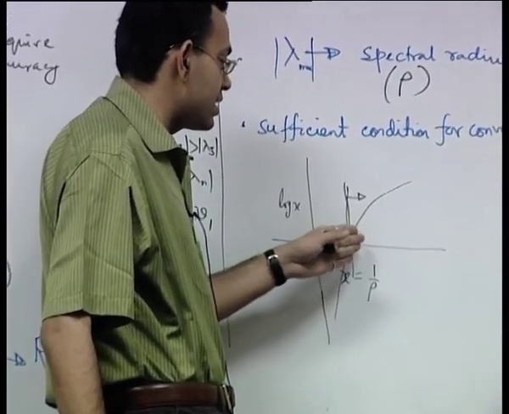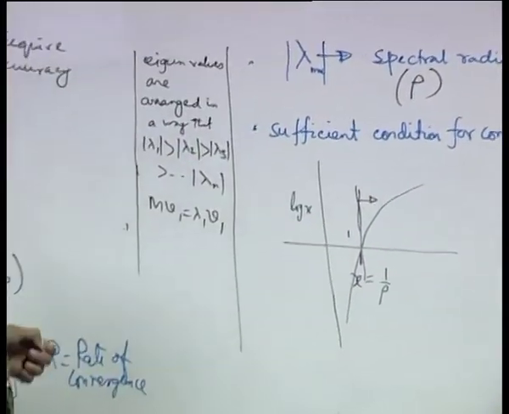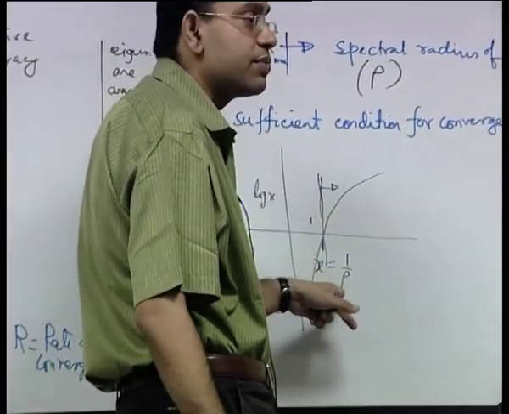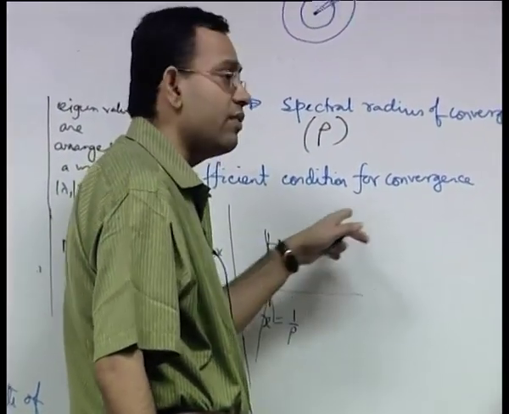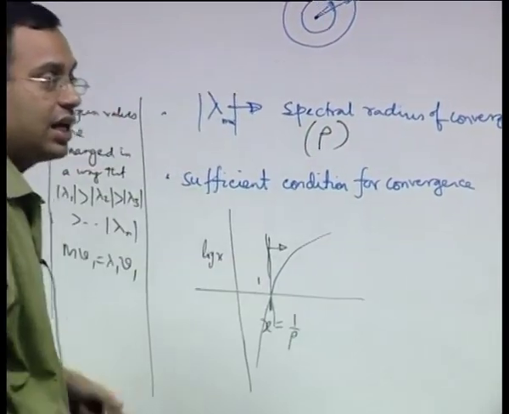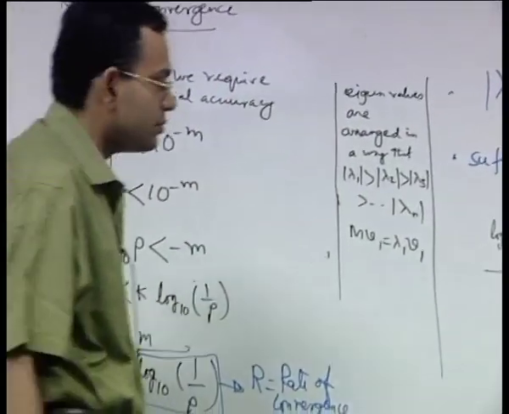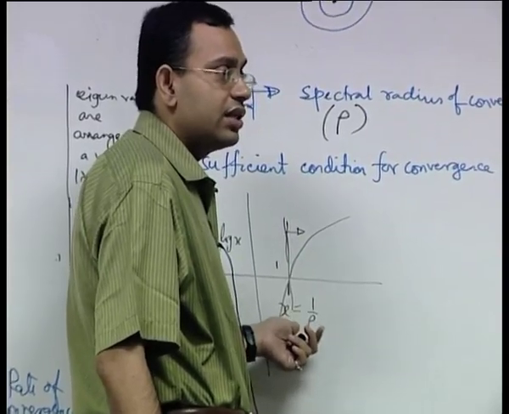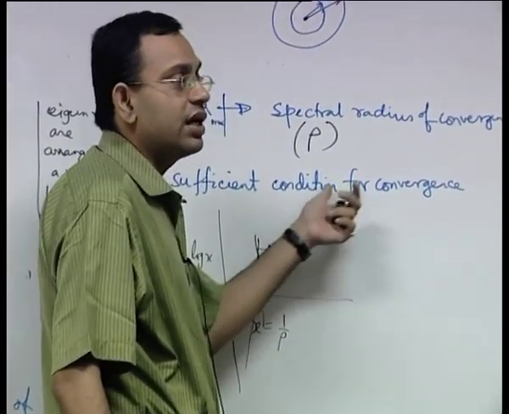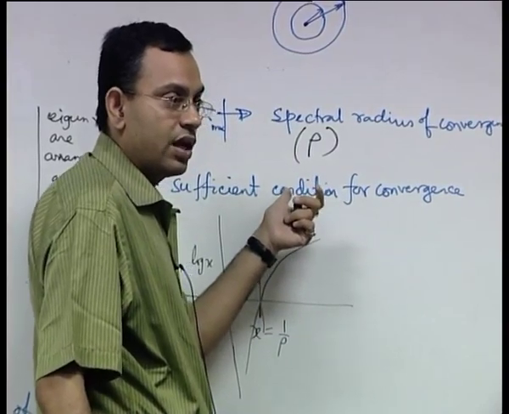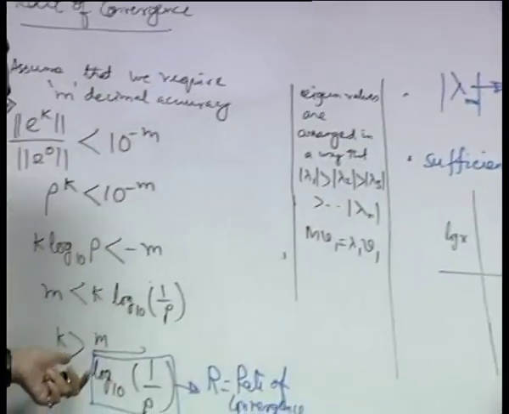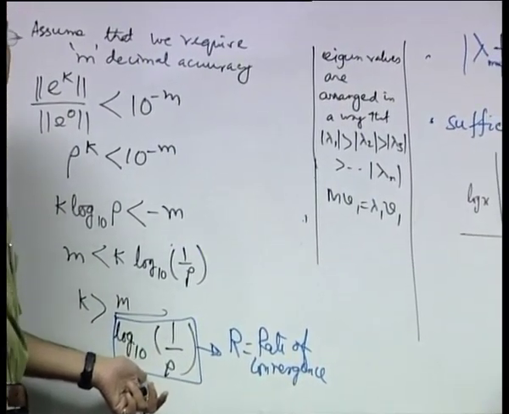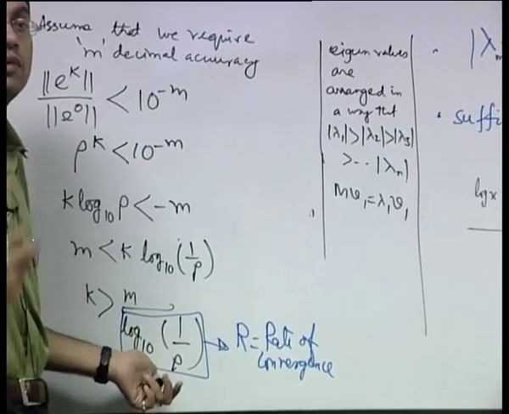As you increase x, your log x increases, and in the limiting case when rho is very small, log x is very large. That means the rate of convergence is very large. Theoretically, when rho tends to 0, x tends to infinity, so log x also tends to a very large number, and that means the rate of convergence is very large. So, you require very few steps to achieve convergence.